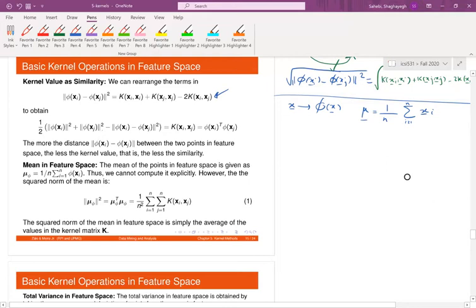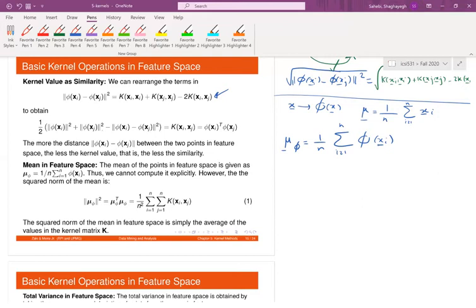Now, in this new feature space, our mean is going to be similar. Let's call it mu of phi. The sample mean in the new feature space is going to be 1/n summation i equals 1 to n, and instead of xi, now we have phi of xi, right? So let's see if we can calculate the mean of our new data points in the new feature space according to the kernel matrix only.